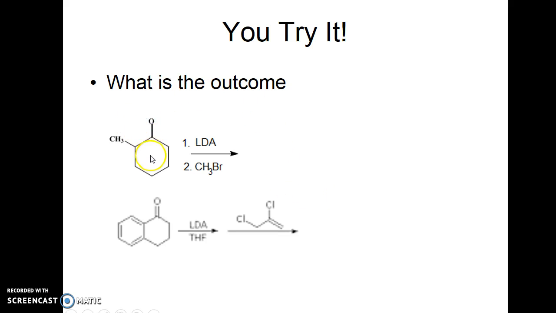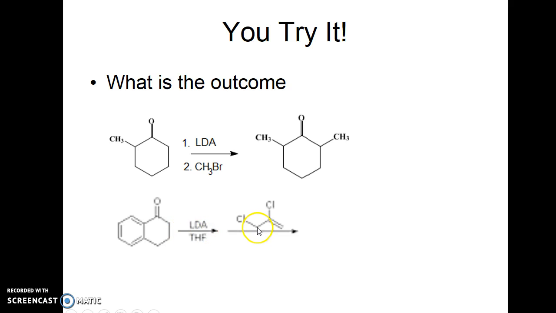Okay, in the first one, we have treatment with lithium diisopropylamide. Where are we going to get deprotonation? Here or here? This is more acidic, so that's going to be deprotonated, and then we'll get alkylation of the methyl group right there. Here we have treatment of this ketone with LDA, and by the way, aldehydes work fine too.